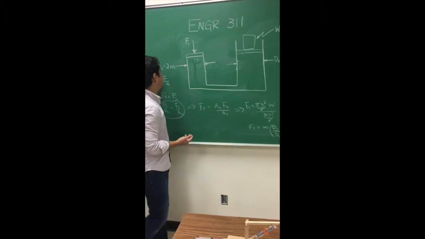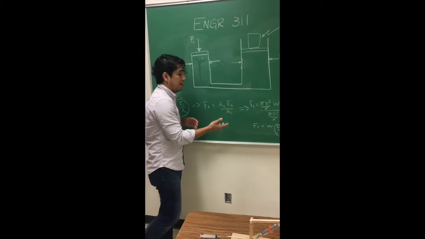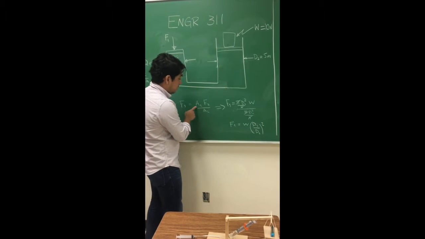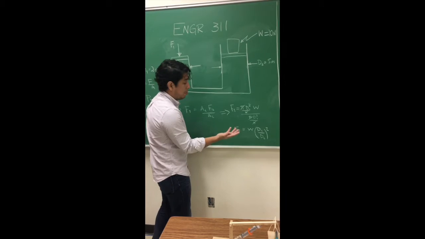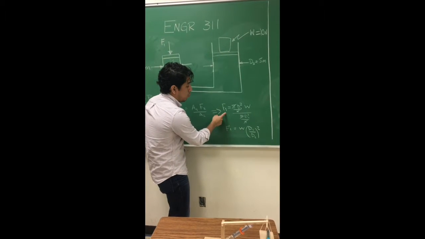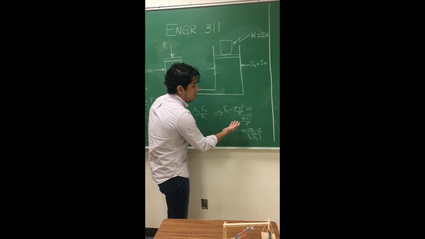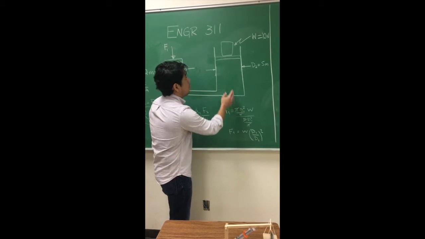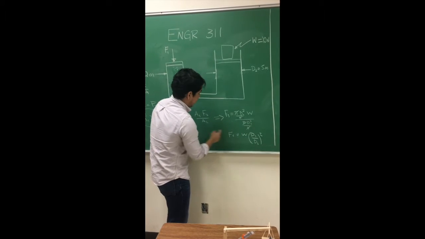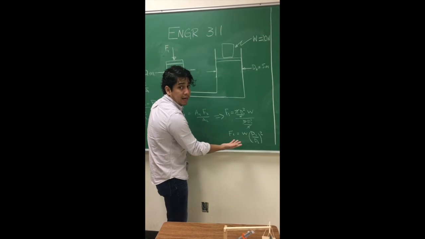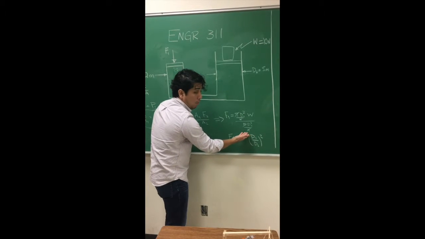Now, since we have diameter 1 and diameter 2, we're able to go even further into more detail and substitute area 1 and area 2 using the diameter. So we come up with force 1 equals pi times diameter 1 squared divided by 4, times force 2, which would be the weight of the container, divided by area 2, which is pi times diameter 2 squared over 4.